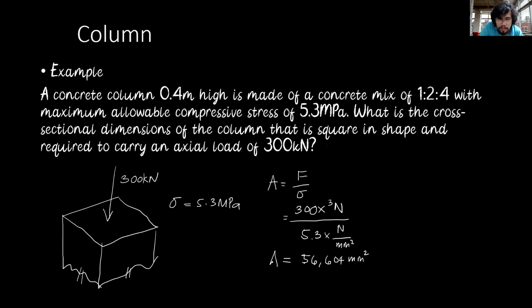Since this is a square, the area is just s squared, so we have s as the square root of 56,604 mm squared.